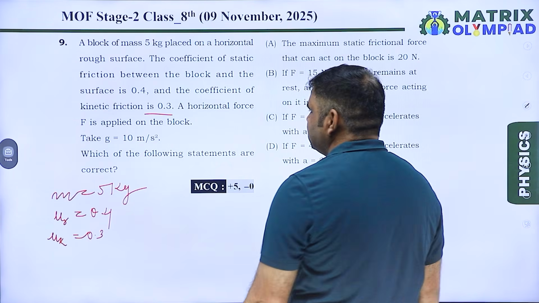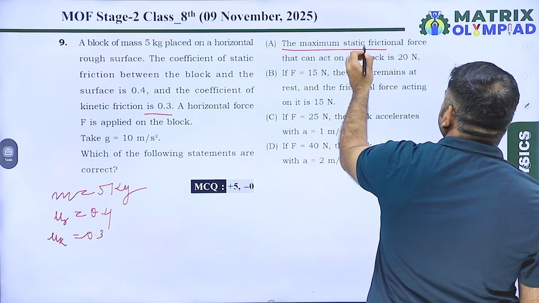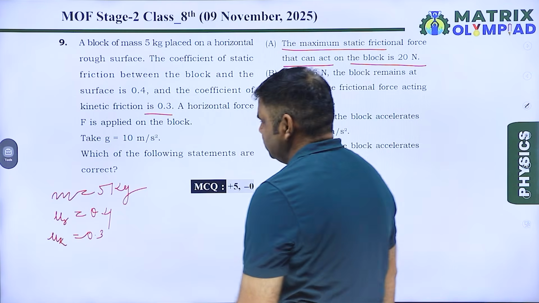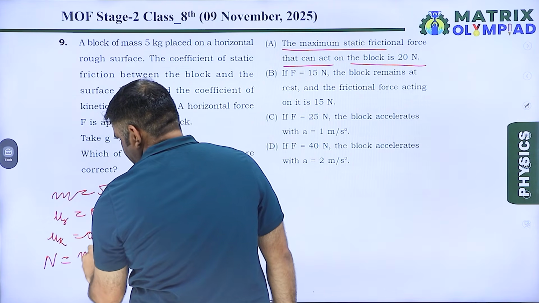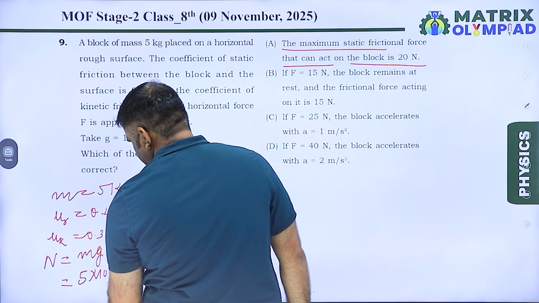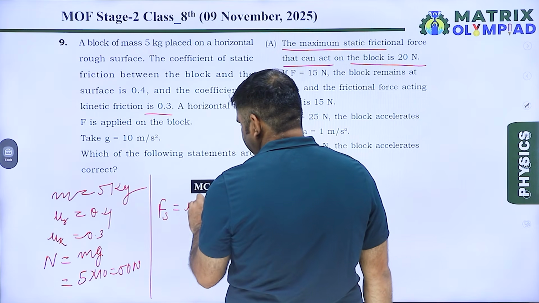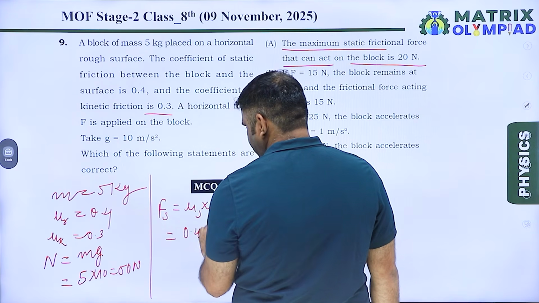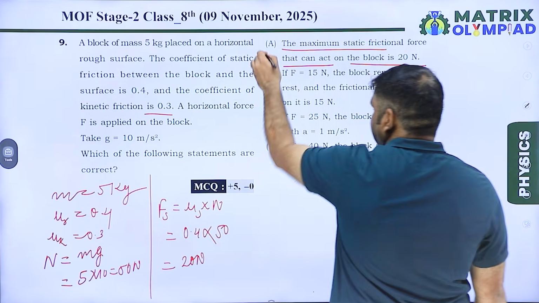Which of the following statements are correct? In option A, the maximum static frictional force that can act on the block is 20 Newton. First we are going to find N equal to mg, m 5, g 10, so normal is 50 Newton. Static frictional force is mu of s into N, mu of s 0.4 multiply 50, so static frictional force is 20 Newton. So option A is true.